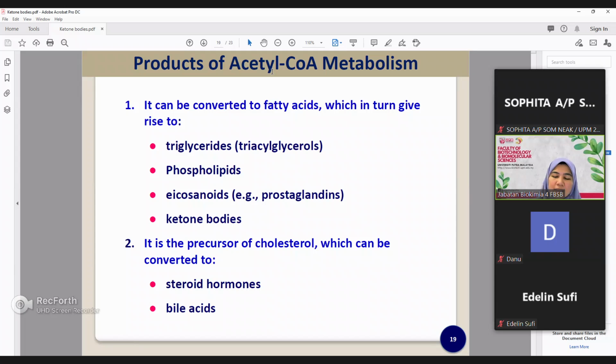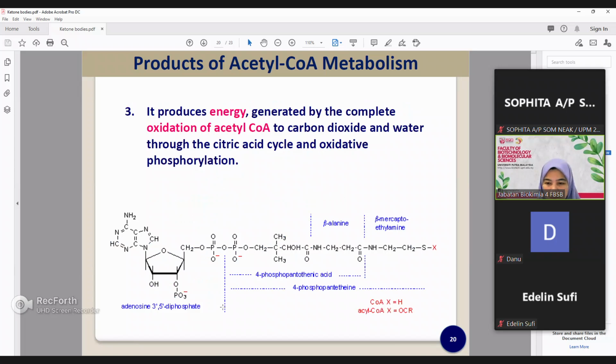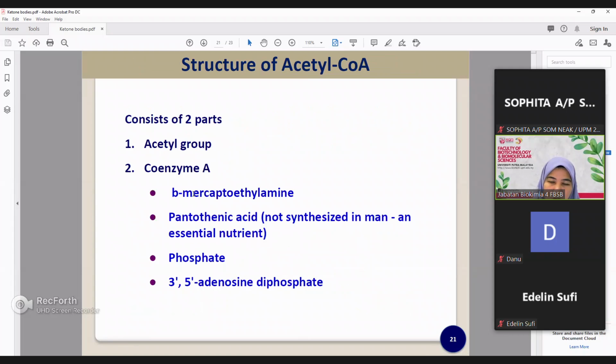It is also involved in the biosynthesis of cholesterol, from which we can produce steroid hormones and bile acids. Acetyl-CoA is also very important for complete oxidation to carbon dioxide and water through the citric acid cycle and oxidative phosphorylation.